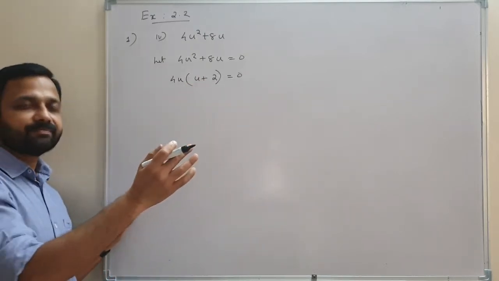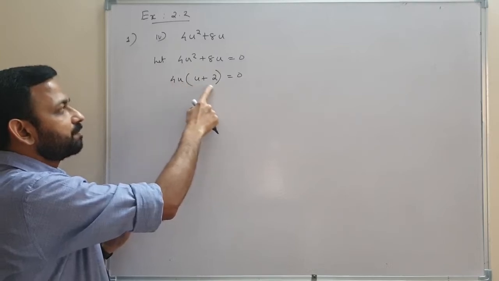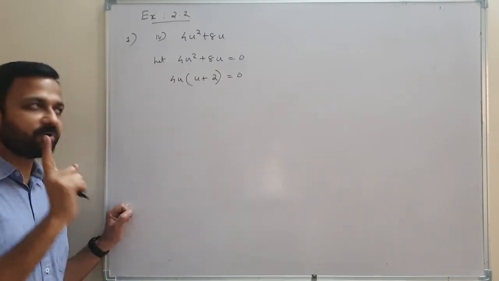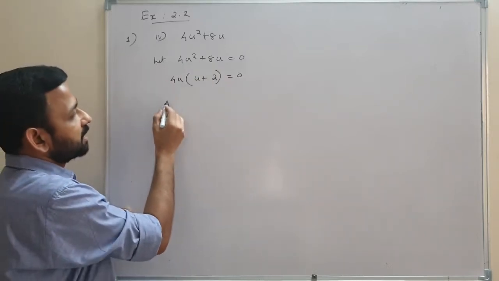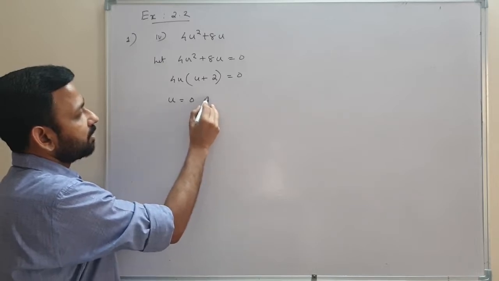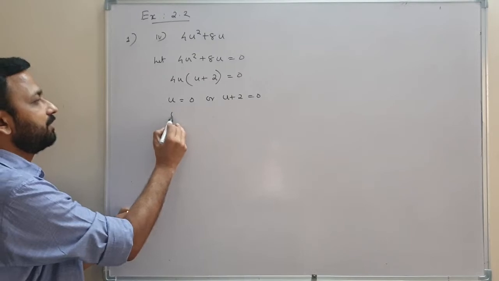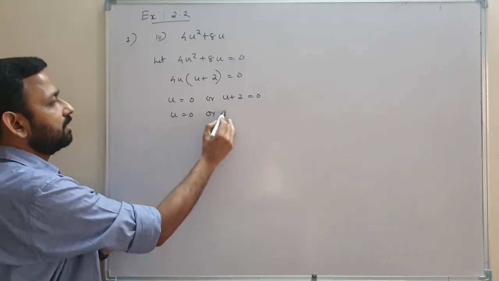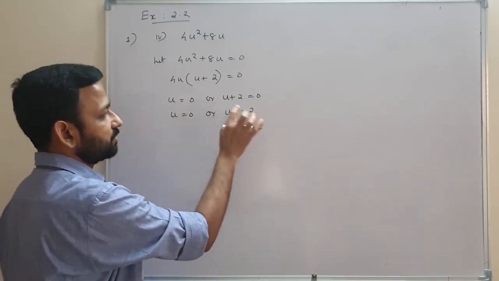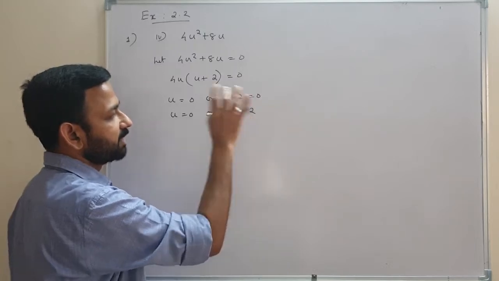Product equal to 0. 4 into u plus 2 equal to 0. 4 is a positive number, therefore u equal to 0 or u plus 2 equal to 0. That is u equal to 0 or u equal to minus 2. U plus 2 equal to 0 means u equal to minus 2.